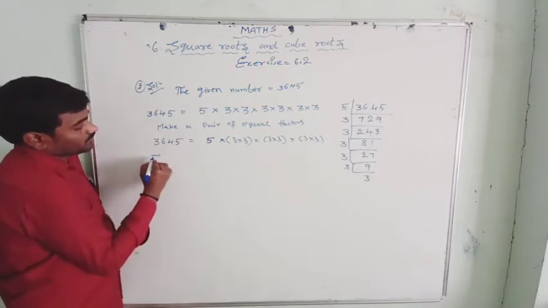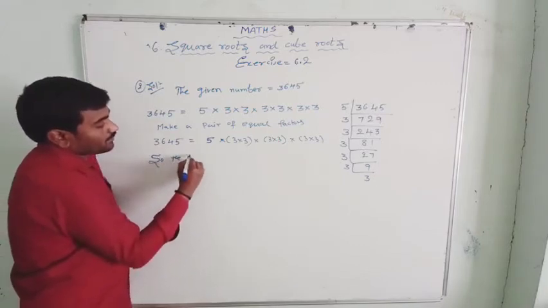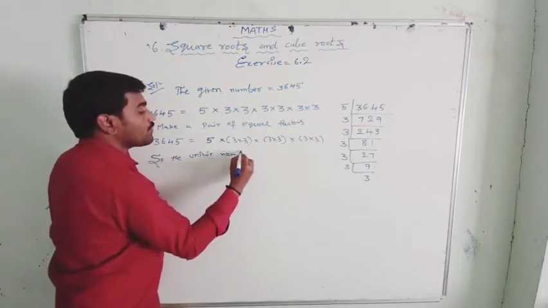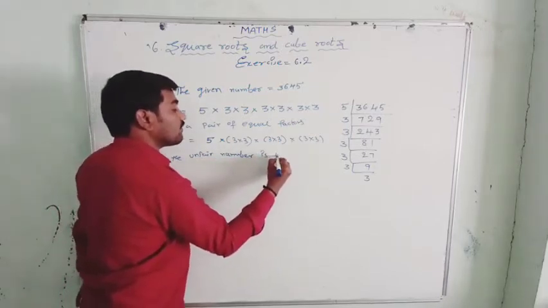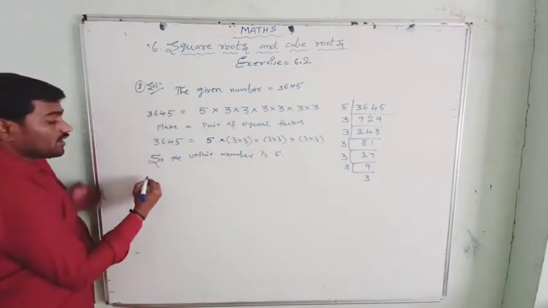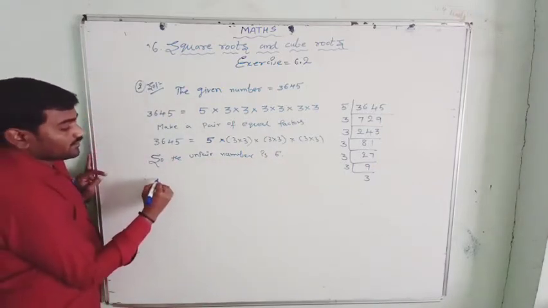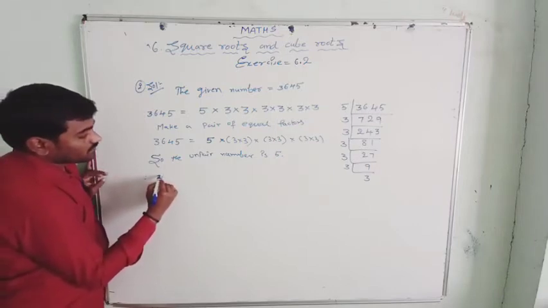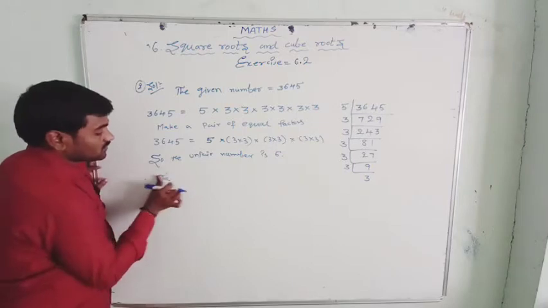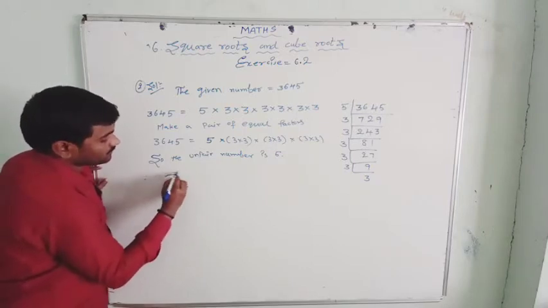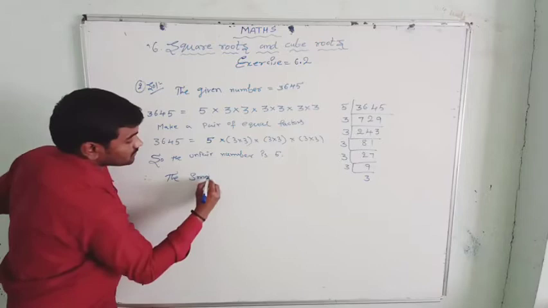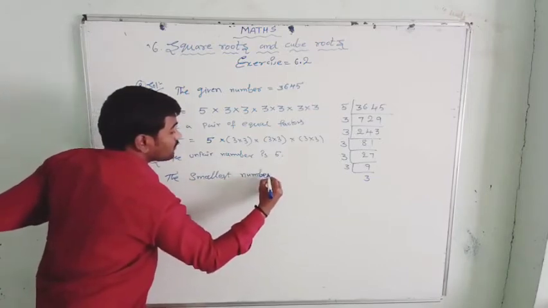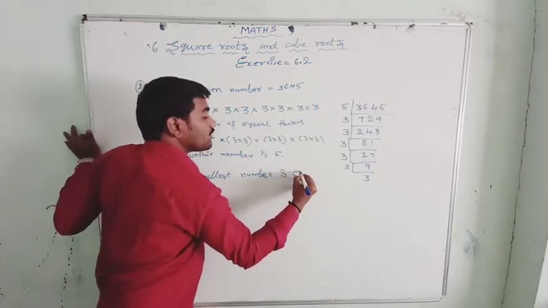So the unpaired number is 5. Therefore the smallest number is 5. The smallest number is 5.